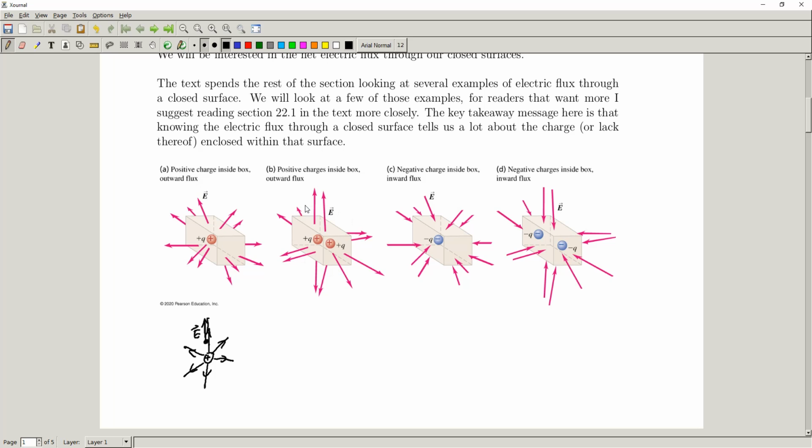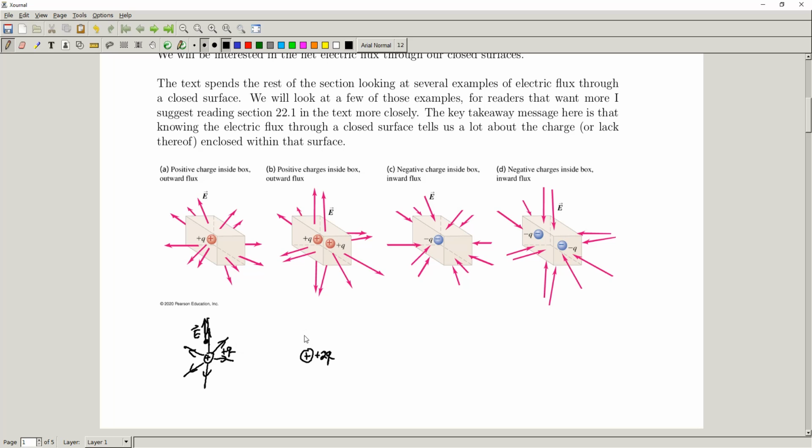In picture B here, if we double the enclosed charge, well, what happens? It's the same idea as we had for the electric field lines. Let's say this was just some plus 2q, where this was plus q. So we've doubled the magnitude of our positive charge.